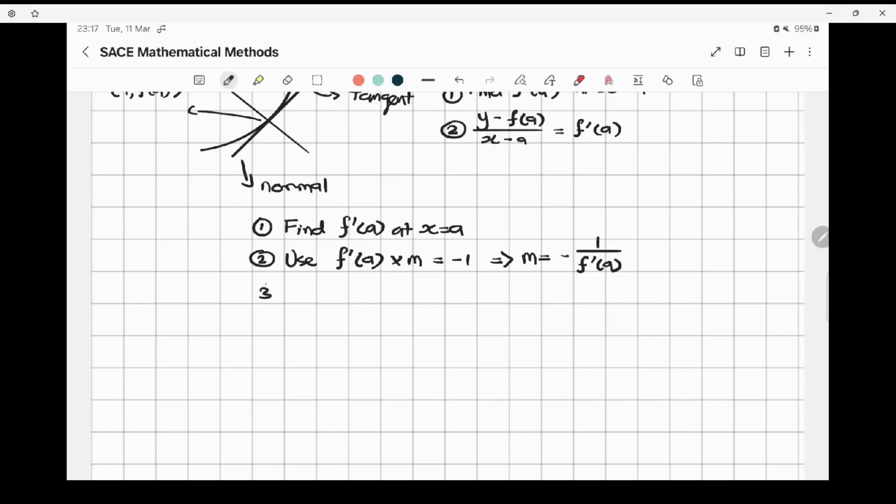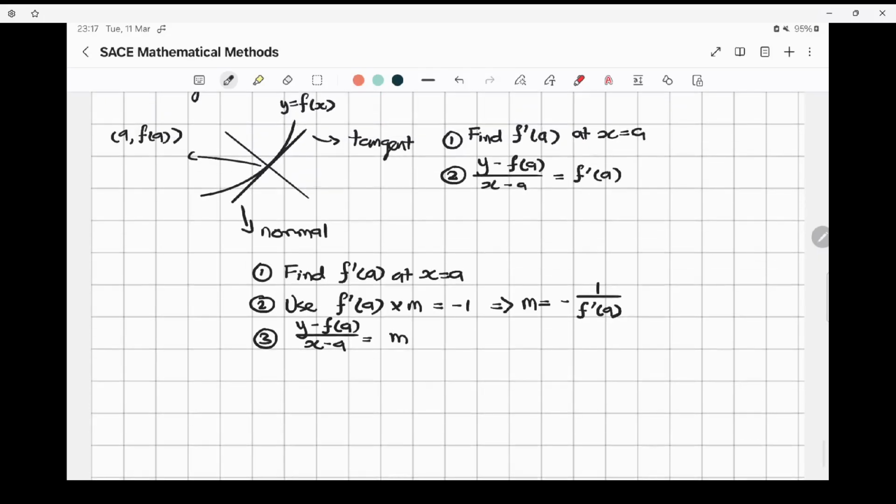Then the third step is still the same. Use the equation of a line to find your equation of normal. So that's how you identify the equation of tangent and equation of normal. This is not as difficult, which is why I will just briefly go through this.